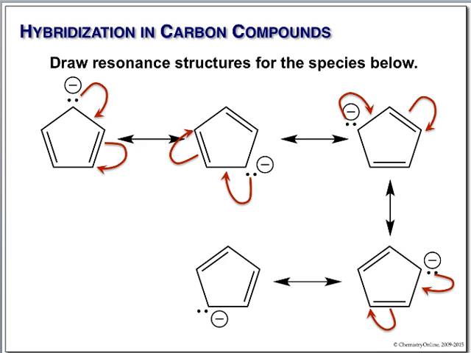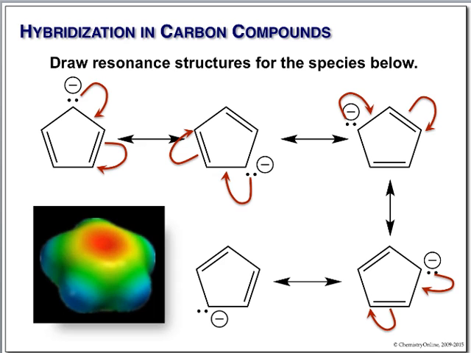We'll see later on that this is what's referred to as an aromatic compound because we have 6 electrons that we can move around by resonance this way. This is what it actually looks like. Here's our electron cloud in the middle, and you see we have uniformly placed the negative charge on all carbons equally.